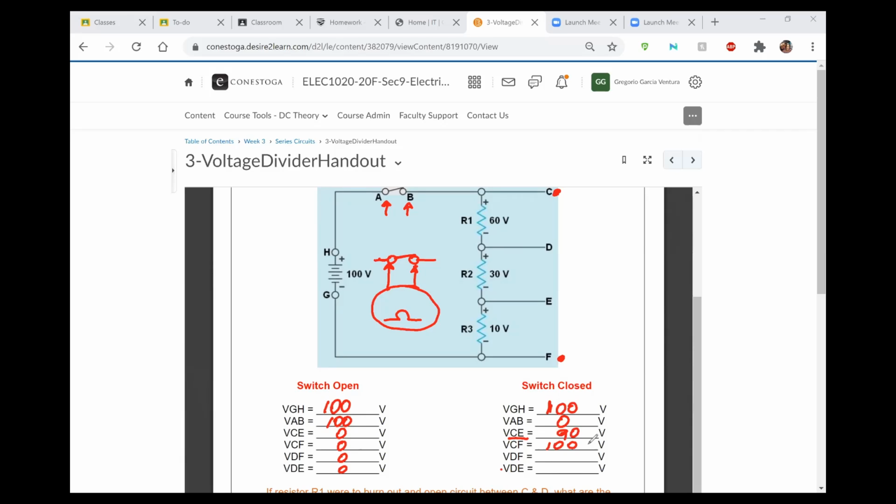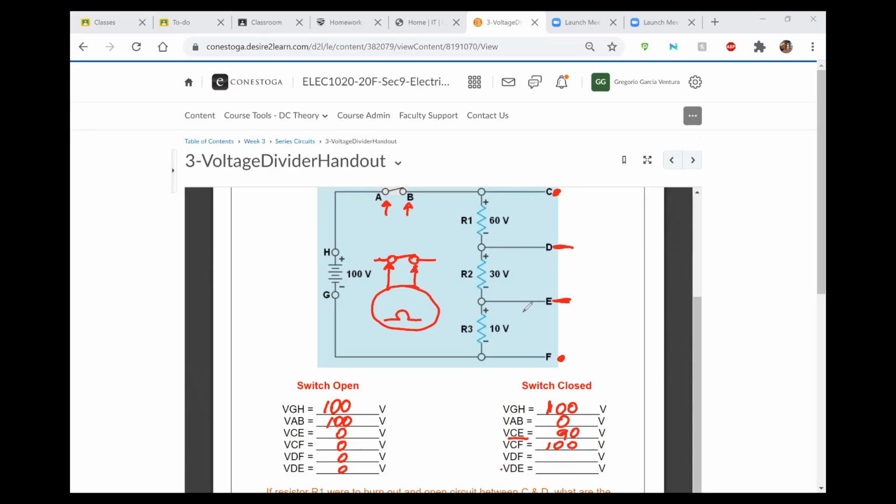And just to end with this part of the simulation, the voltage drop that we are going to have between D and F, between those 2 points, is going to be 30 volts. And between D and E, D and F, I'm a little bit too quick.